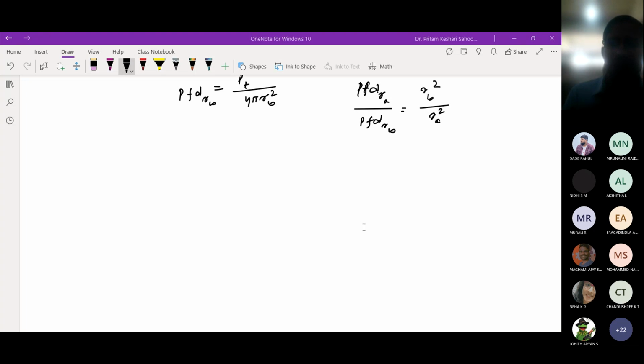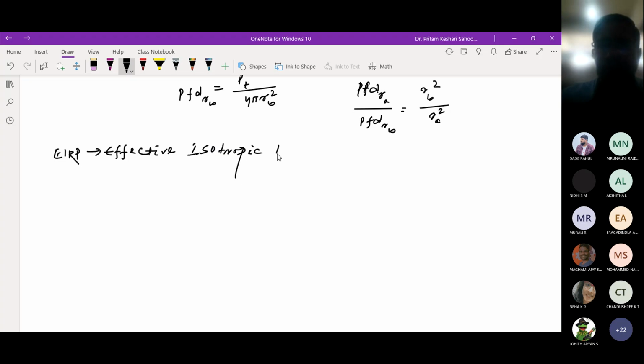And then we discuss an important parameter that is called EIRP. EIRP stands for effective isotropic radiated power, because we have assumed the power radiated by the transmitter is equal throughout all the directions.